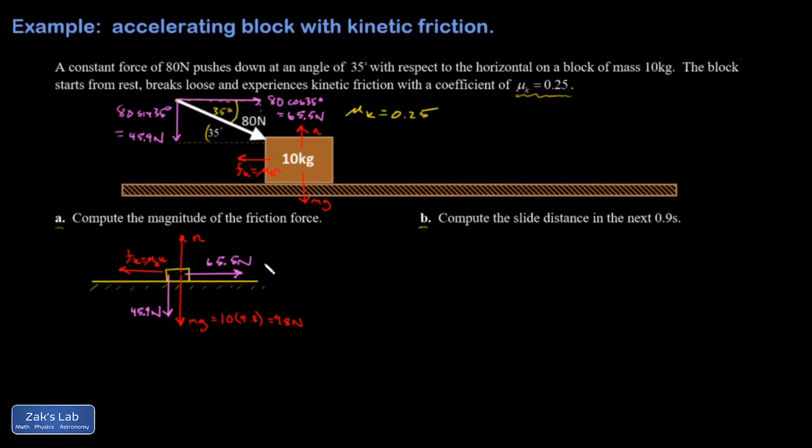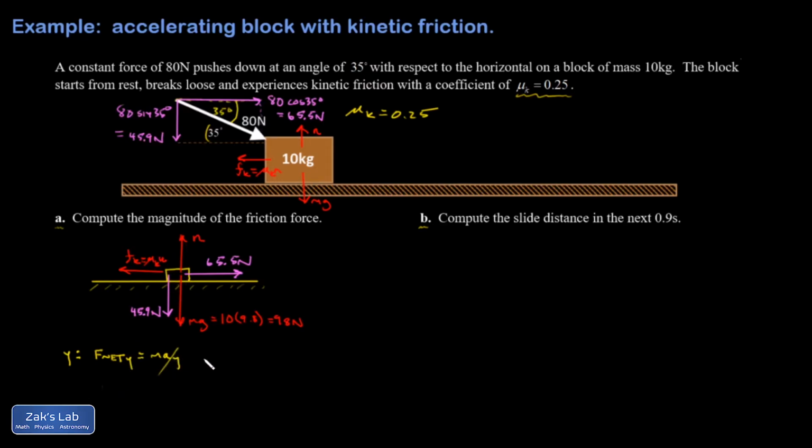Okay, then we get into the Newton's second law analysis, and the first order of business is to figure out this normal force. So I'm going to do a vertical analysis, so just my y direction analysis. If I want to be maybe a little bit formal about this, F net equals ma in that direction, and the acceleration is 0 vertically because this object is constrained to this surface.